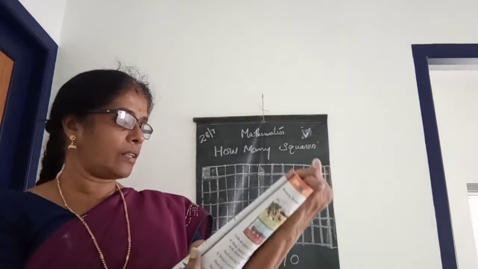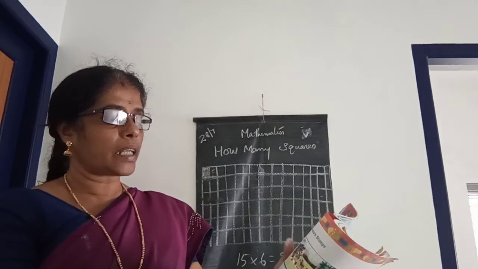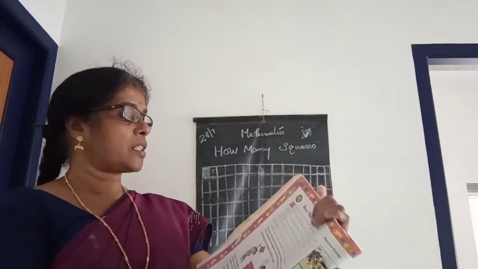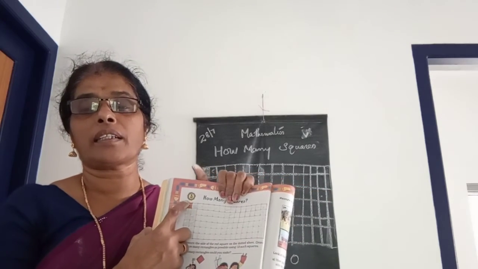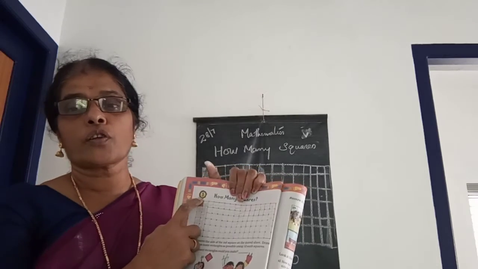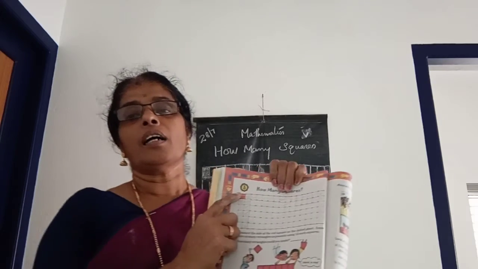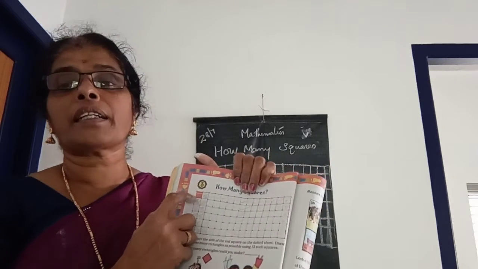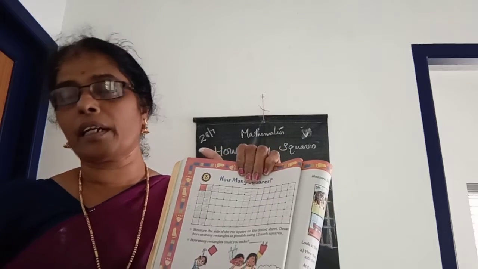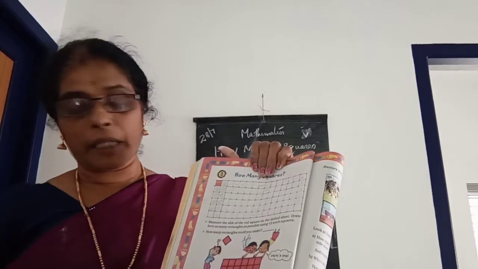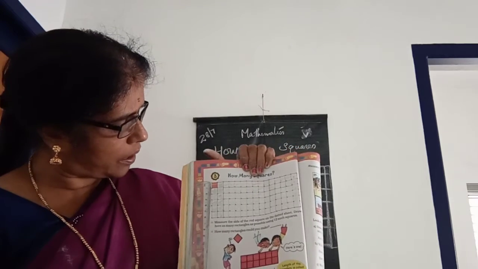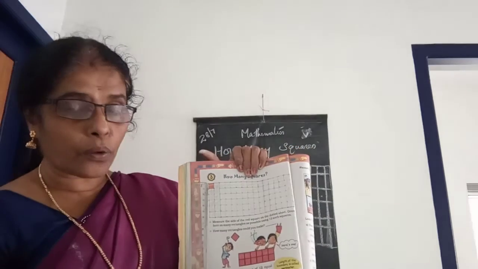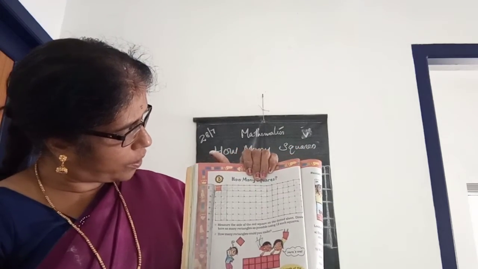90 squares. And one question here: measure the side of the red square on the dotted sheet. Measure the side of this square, the red colour square. You have to measure the length of that square. So take your scale, and when you measure, you have to put the zero there.